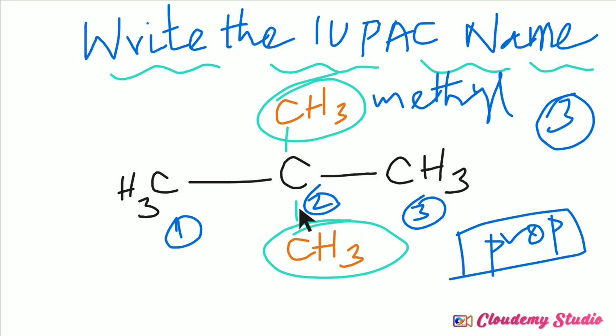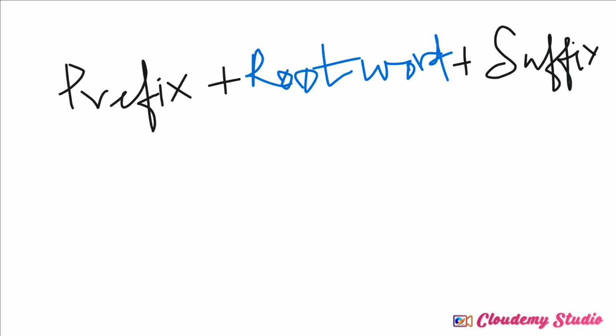At which carbon atom? The second carbon atom. As 2 substituents are attached to this carbon atom, we need to number 2 times. Because 2 substituents are there at the second carbon atom, we need to mention the number 2 two times in the name. That is 2,2, then hyphen.